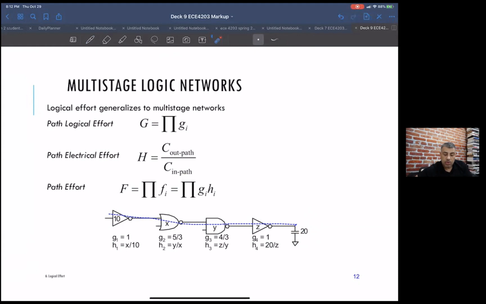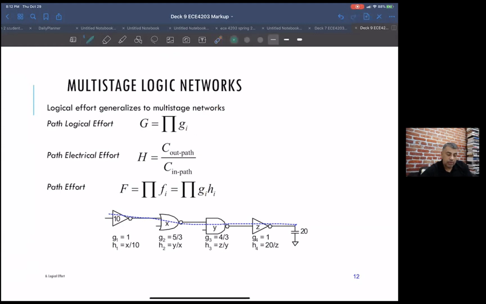So that's what we're going to do going forward: figure out how to optimize this delay and how to size these devices using this approach. We can use the logical effort at the multi-stage network level.